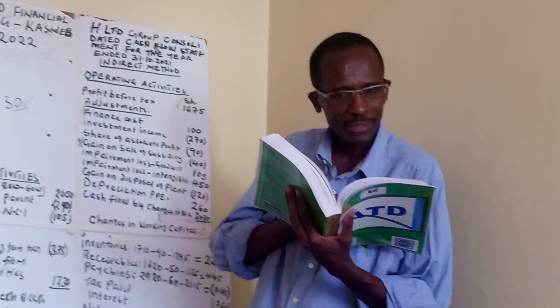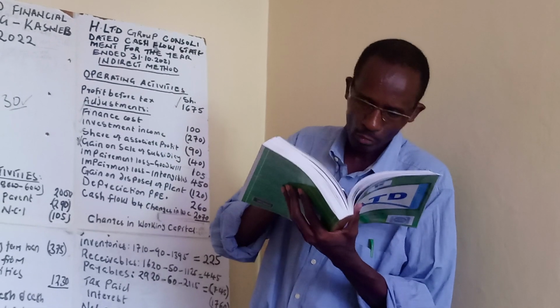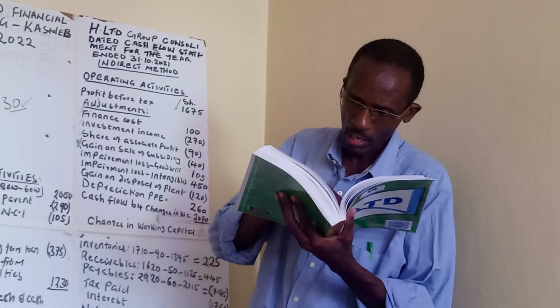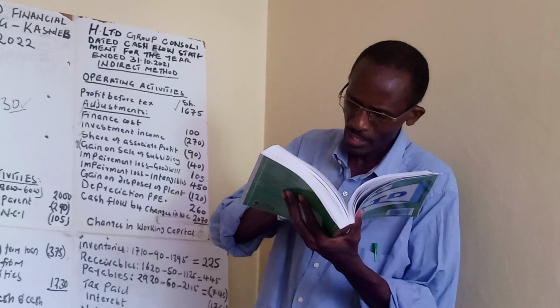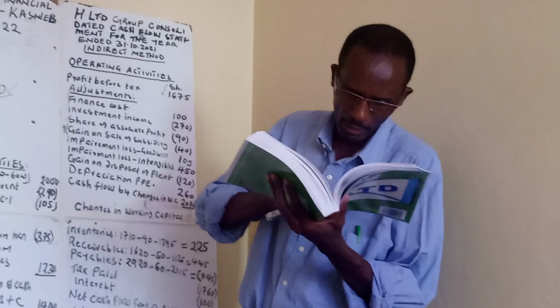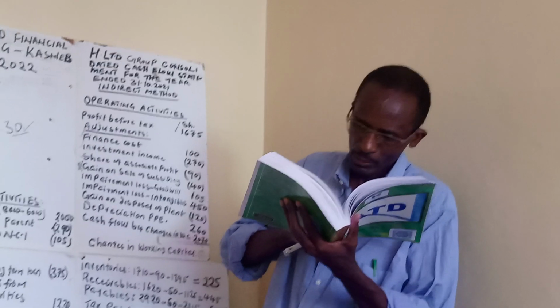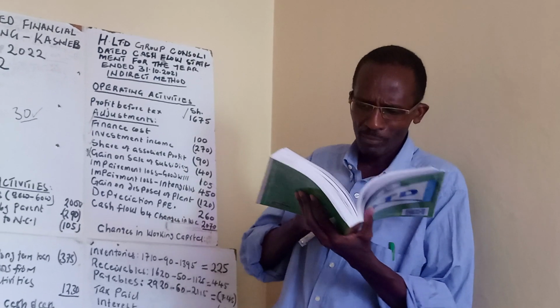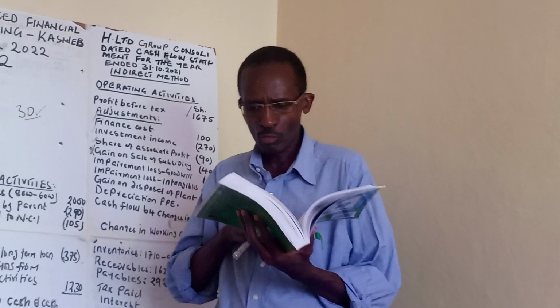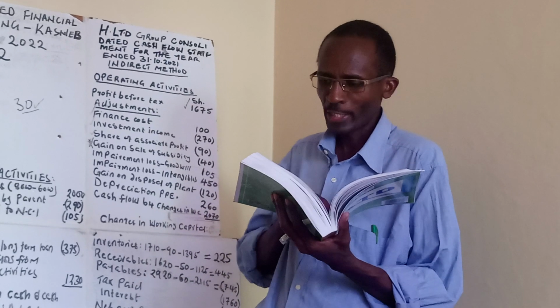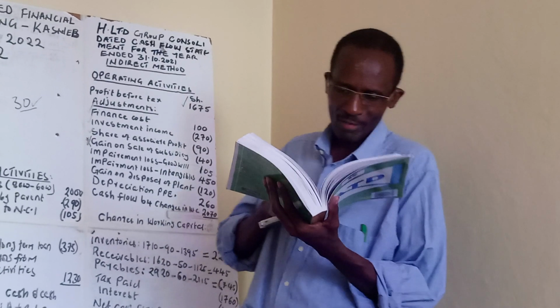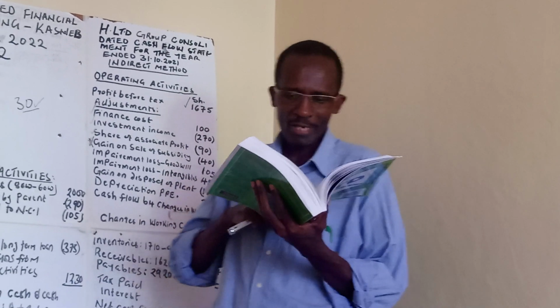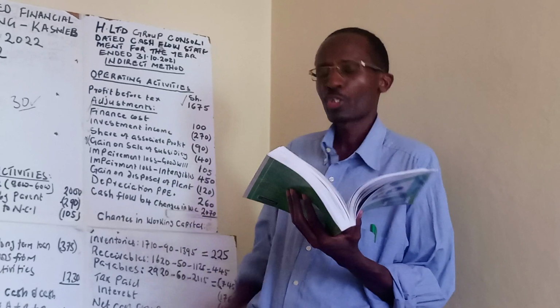You find in additional information number 1 down there, the investment in S Limited had been acquired several years ago at a consideration of shillings 230, when the fair values of the identifiable net assets stood at shillings 250.